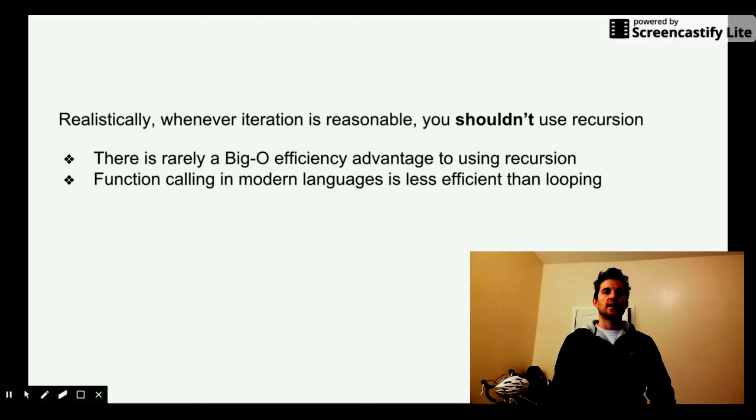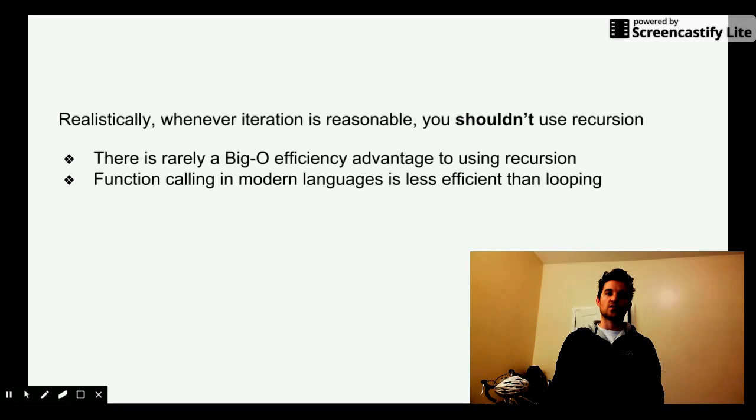There's also a big advantage for looping, or not big, but noticeable, in modern languages. This is partially because the object-oriented nature of these languages creates functions in somewhat of an inefficient way on the call stack to ensure that they can be passed around properly and work with each other properly.